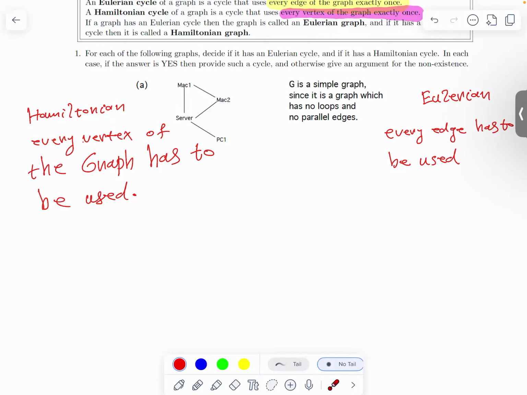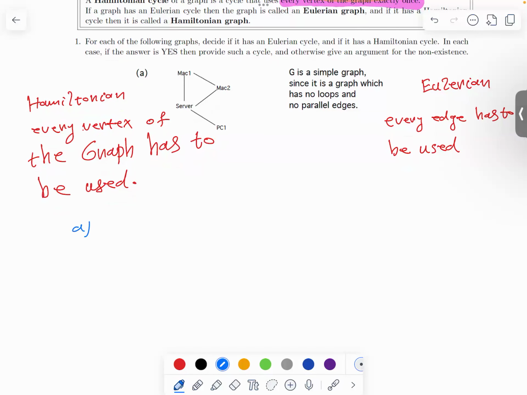Even if I start from somewhere else, I have to pass through the PC1 vertex, but there is only one edge. So this is not Eulerian. A is not Eulerian.